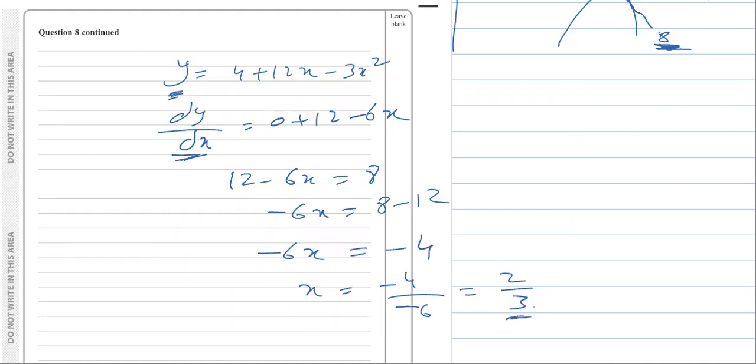One of the coordinates you got, x1, is 2 over 3. Put this value here to get the value of y also. So y will be equal to 4 plus 12 into 2 over 3 minus 3 into 2 over 3 squared.